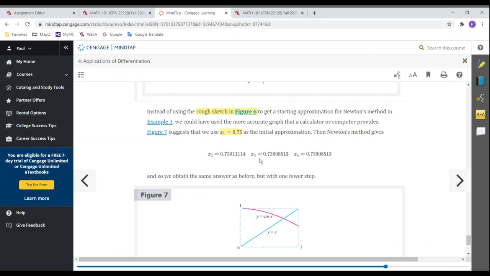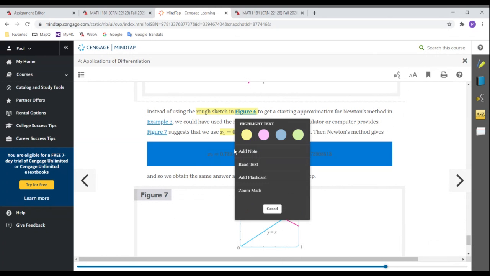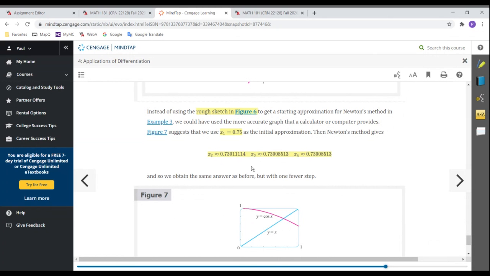If you use that as x1, then you only need to do 3 iterations using Newton's method to get the accuracy you need. You get the estimate of the root, 0.739085513, but it took 1 fewer step.